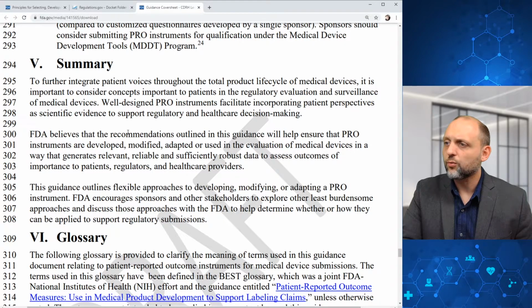FDA believes that the recommendations outlined in this guidance will help ensure that PRO instruments are developed, modified, adapted, or used in the evaluation of medical devices in a way that generates relevant, reliable, and sufficiently robust data to assess outcomes of importance to patients, regulators, and healthcare providers.